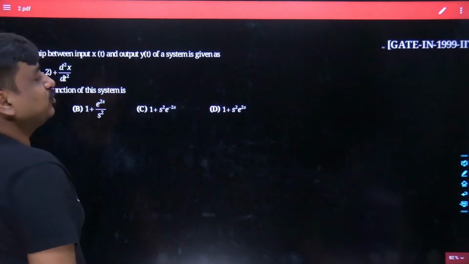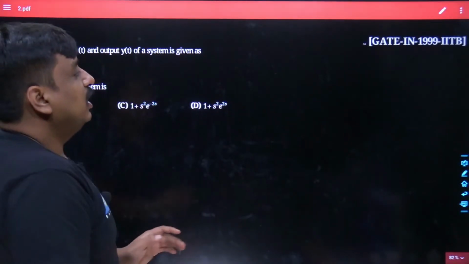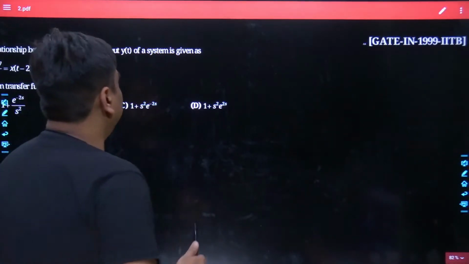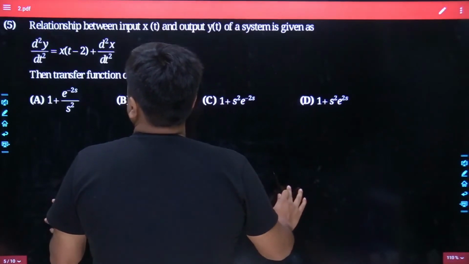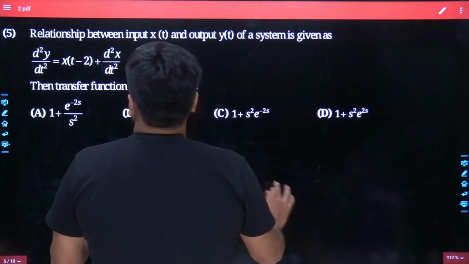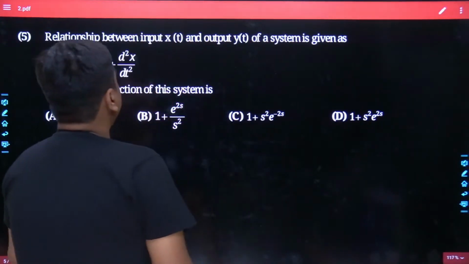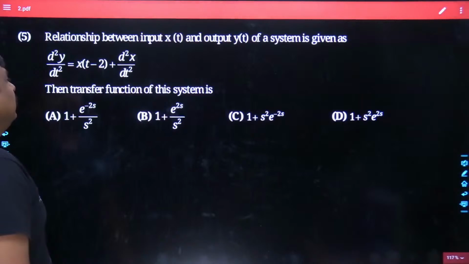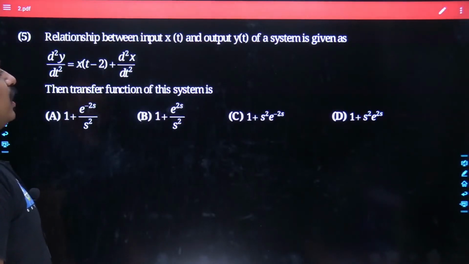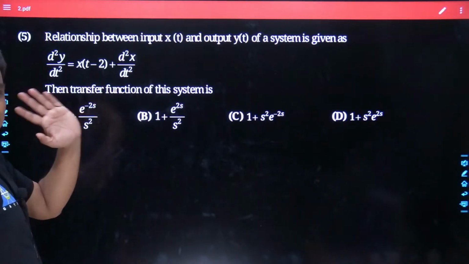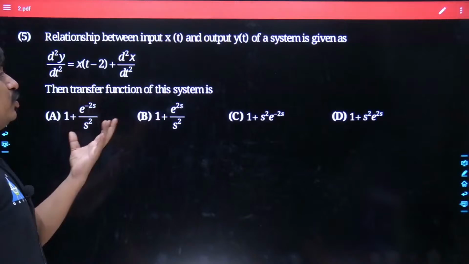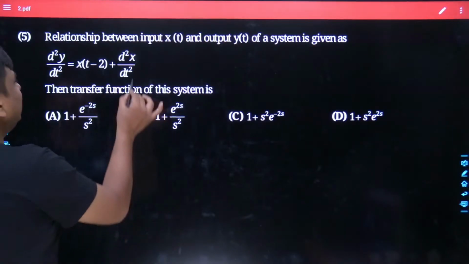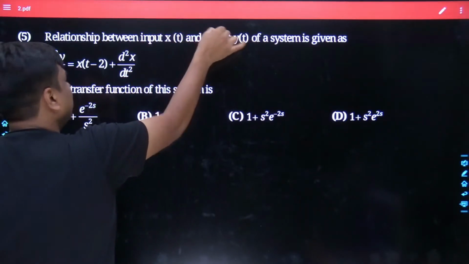This problem appeared in GATE Instrumentation, year 1999, and the problem was framed by IIT Bombay. The relationship between the input x of t and the output y of t of the system is clearly given. As far as the transfer function is concerned, it is the ratio of the output to the input in the transform domain. It has been clearly said which is the input and which is the output.